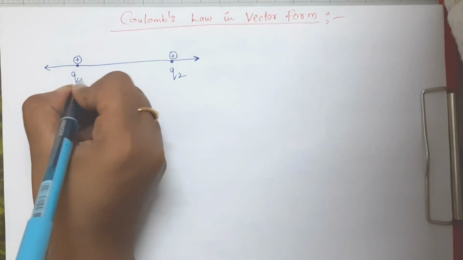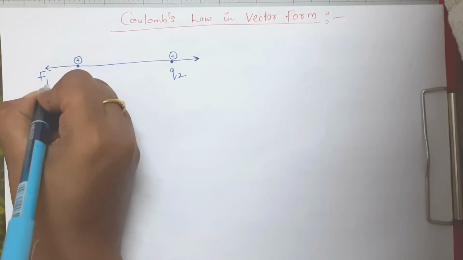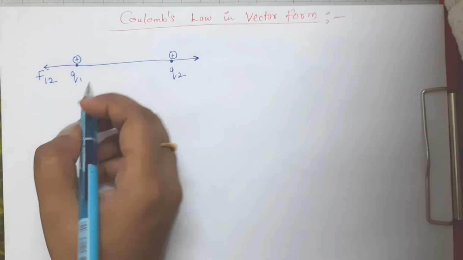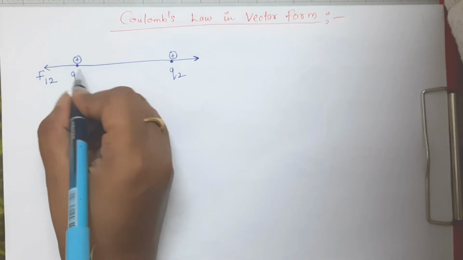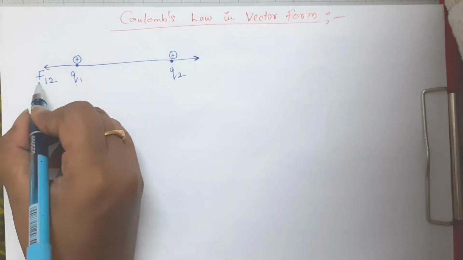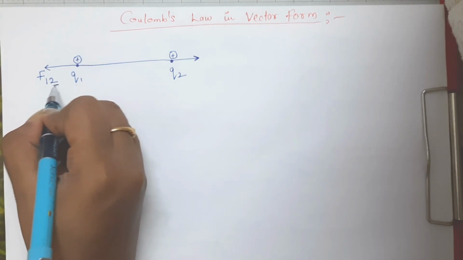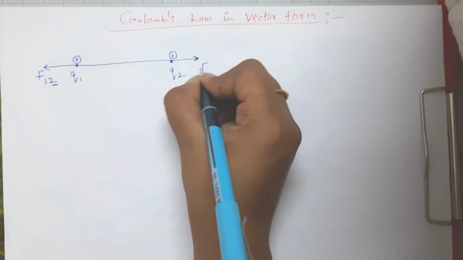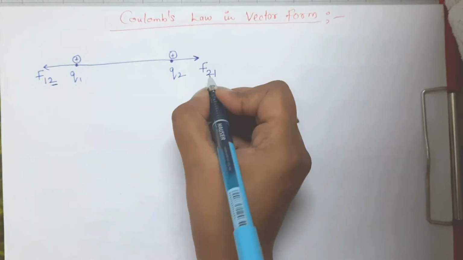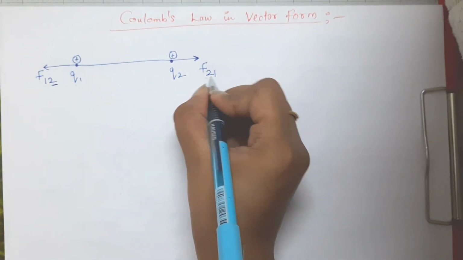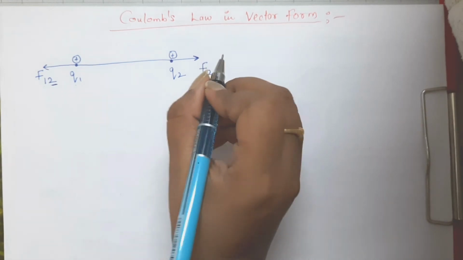So this is the force F12. F12 is the force acting on q1, that is, force on 1 due to the second charge q2. And similarly F21 is the force on q2 due to q1.